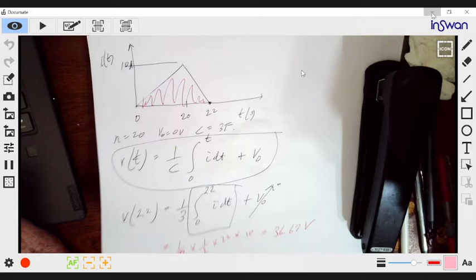Mr. Stewart, look very carefully at your answer. Your answer's not right. Are you dividing by 3? No, the bottom number is 2.